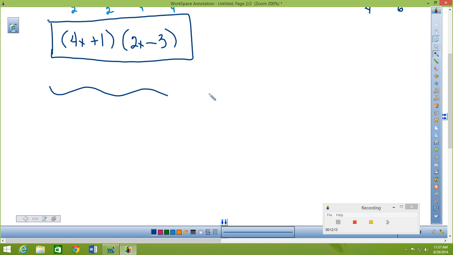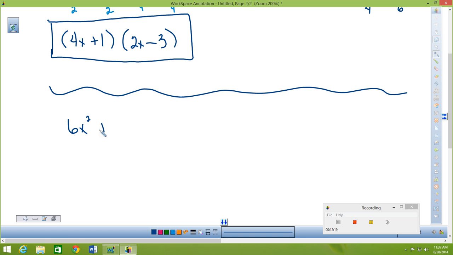6x squared plus 19x minus 7. Okay, no common factor there. So I'm going to start out with 6x in the front of my parentheses.